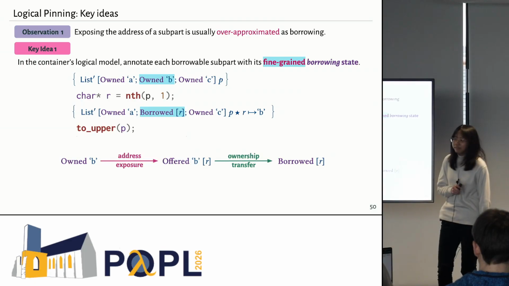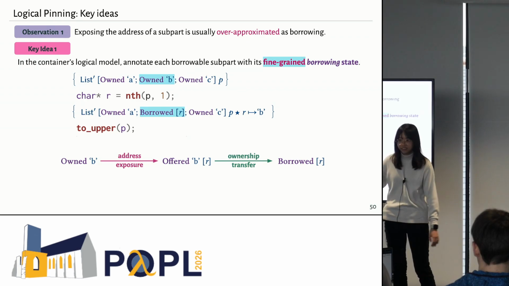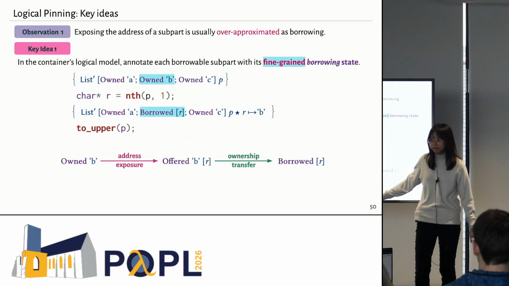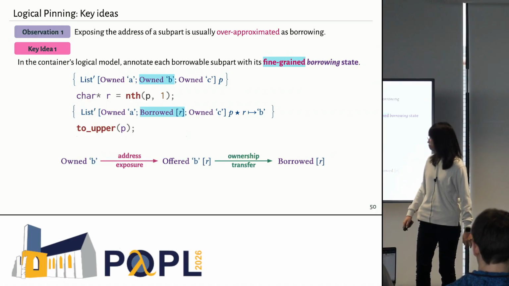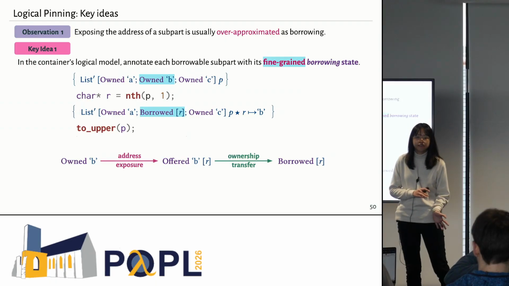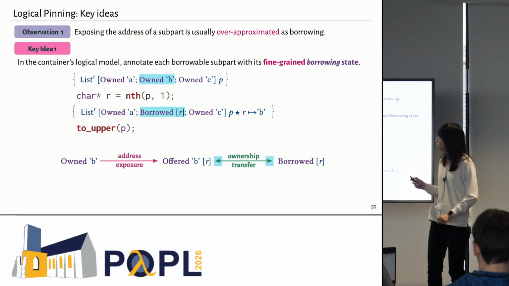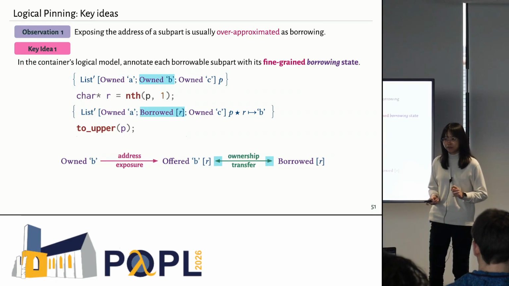So instead, we have fine-grained borrowing states. We introduce the intermediate state called offered, saying that B is offered at location R. So we still have the ownership of B, but we offer it at location R for other people to borrow in the future. So we decouple the address exposure and the ownership transfer. And it allows us to go back and forth purely logically between the offered state and the borrowed state.